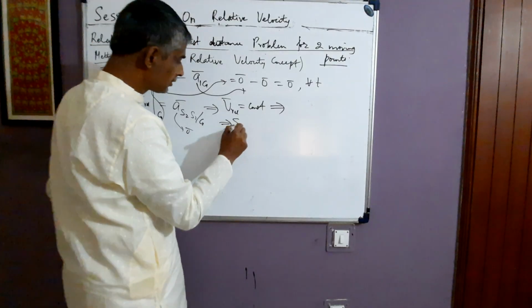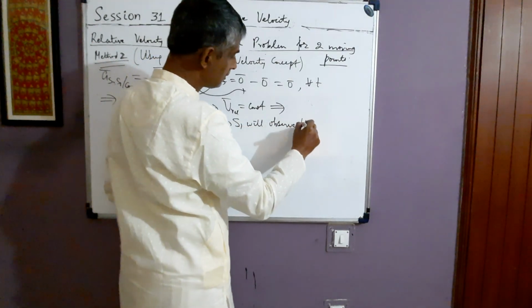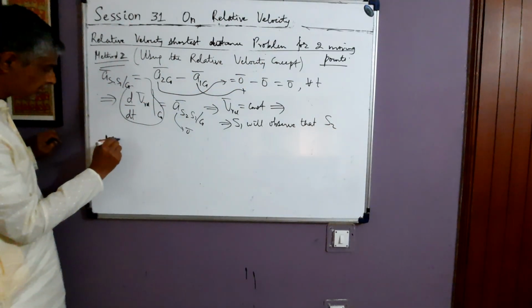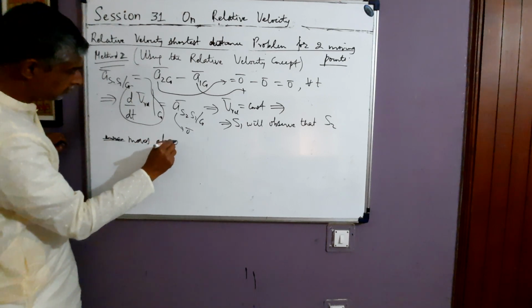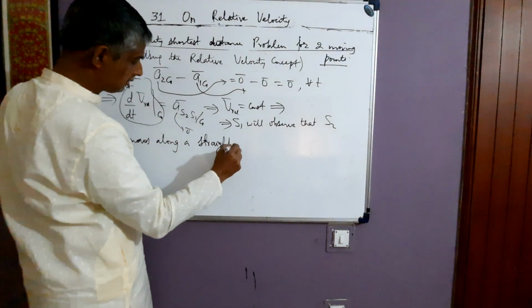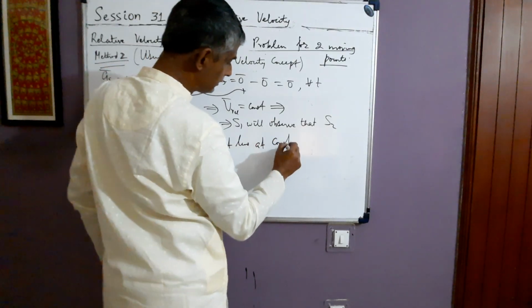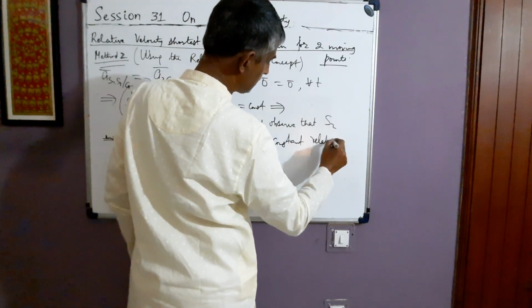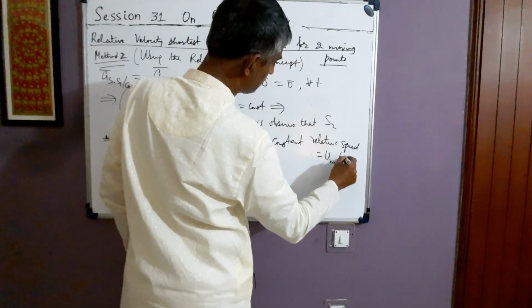S1 will observe that S2 moves along a straight line at constant relative speed, u relative say.